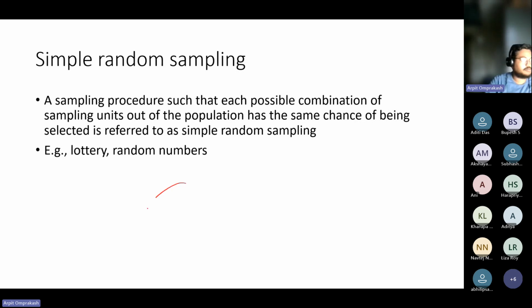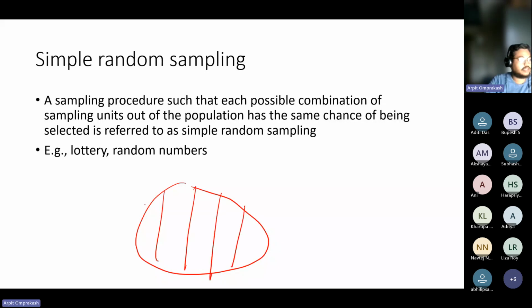So, for example, let's say in this area we again have these small sampling units. Let's say we number all this 1, 2, 3, 4 till whatever is there, and then we make chits out of it and randomly pick out those chits.